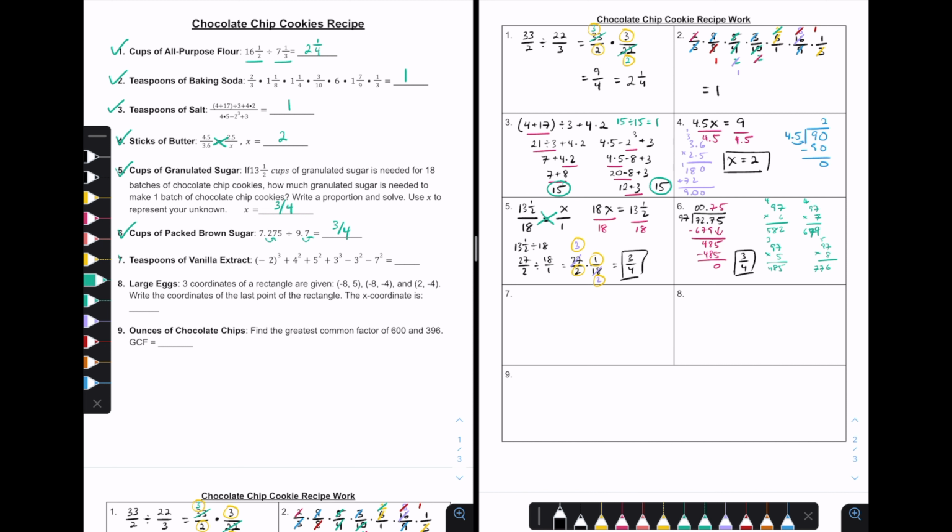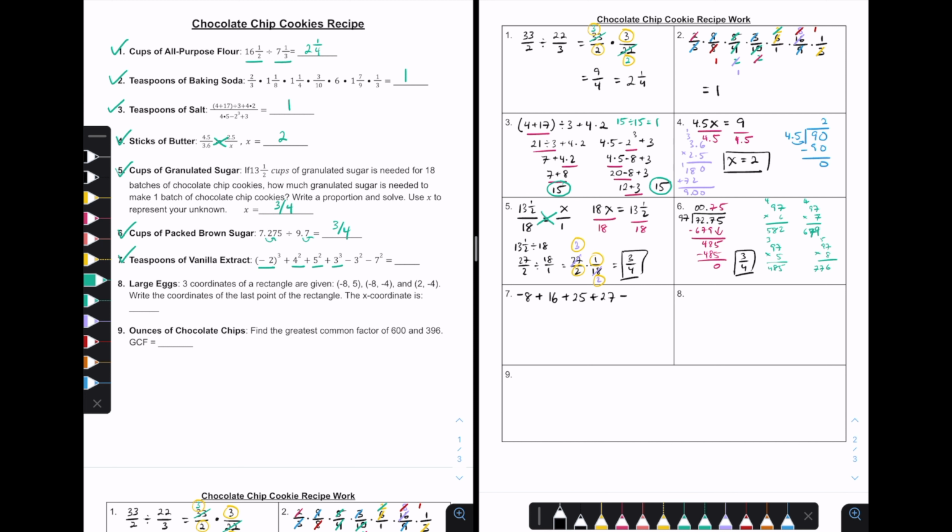All right, let's check out the vanilla here. Let's see. We have -2 cubed. -2 times -2 times -2 is going to be -8. Plus, what's 4 times 4? That's 16. Plus, what's 5 times 5? That's 25. Plus, 3 times 3 is 9. 9 times 3 is 27.